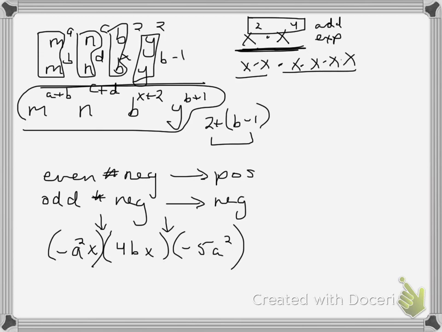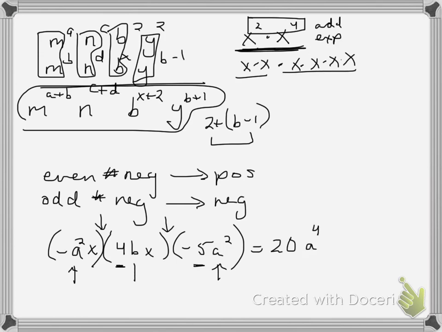So I'm going to take care of signs first. Negative times negative is going to be positive, so I don't need to write it in. I could put a plus sign in front. Take care of constants next. 4 times 5 is 20. Take care of my a variables next. I've got 2 of them and 2 more of them. Adding exponents, I get a to the 4th.